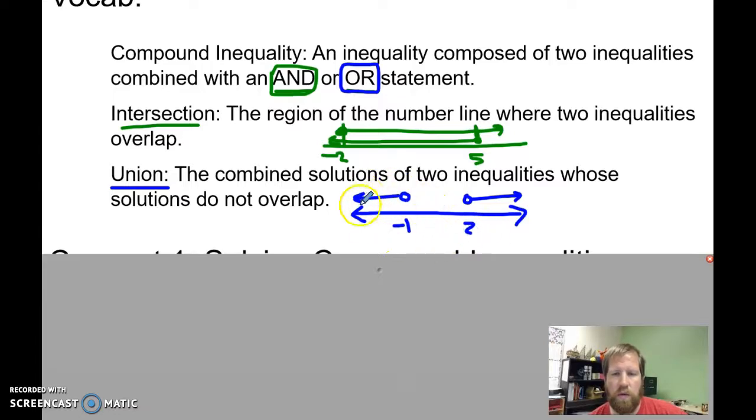The union would be combining these two solutions. Even though they don't overlap, we're still combining them, and we're saying that x could be less than -1 or it could be greater than 2.